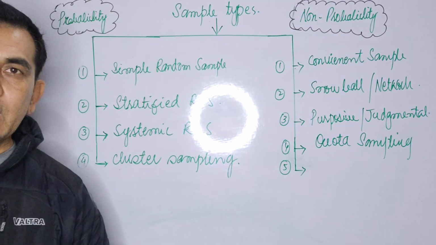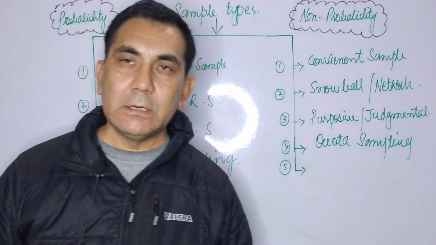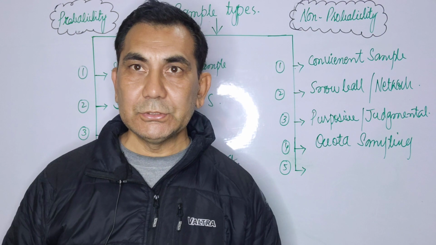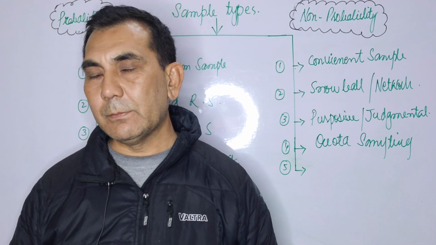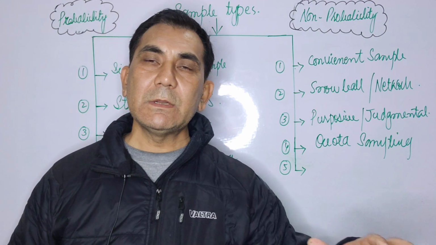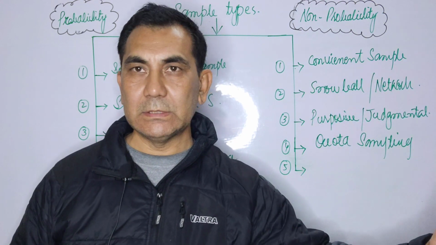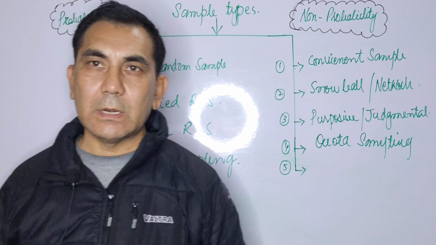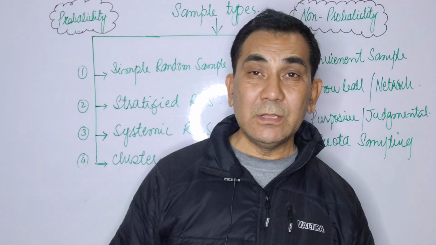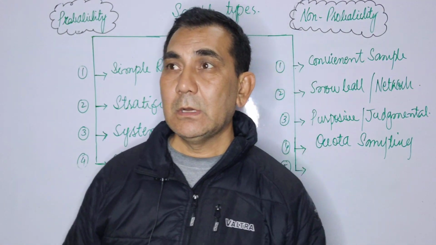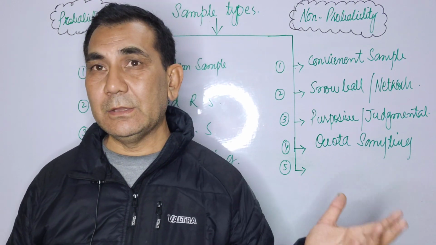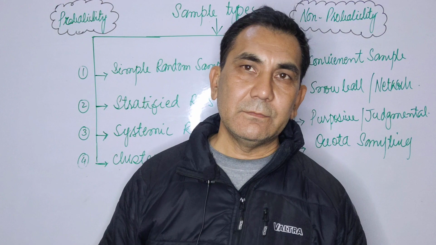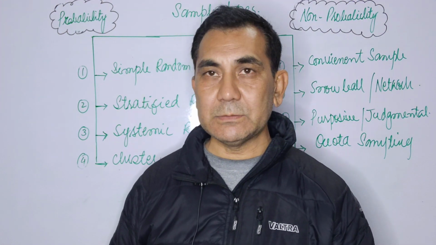Like in federal employment, as you know very well, at the Federal Public Service Commission every province has a quota. Punjab has 50%, Sindh around 13% or 16%, KPK around 13%, and Balochistan 6%.